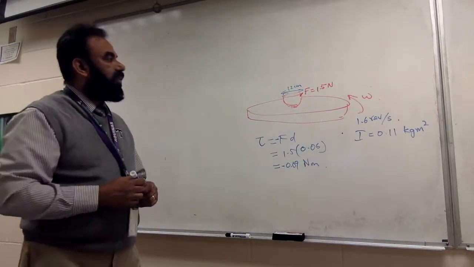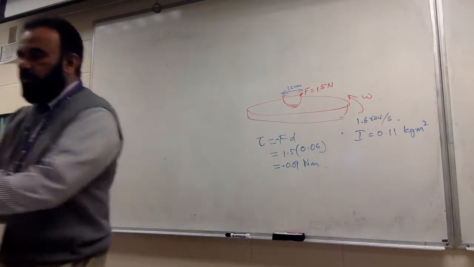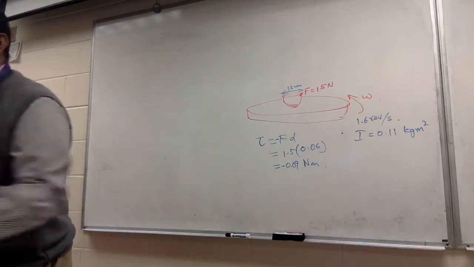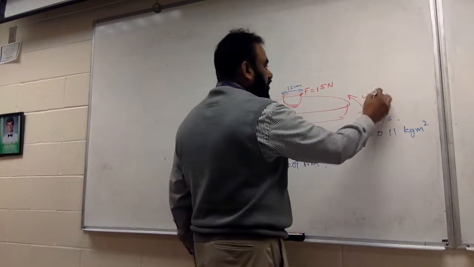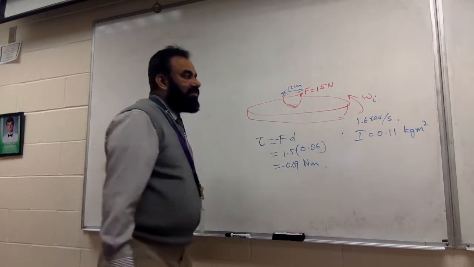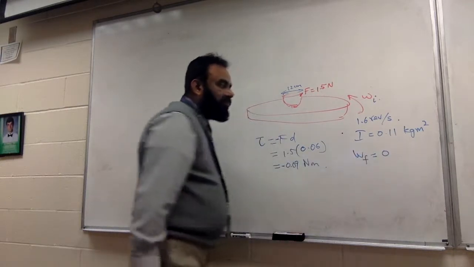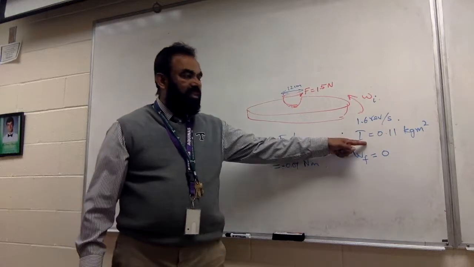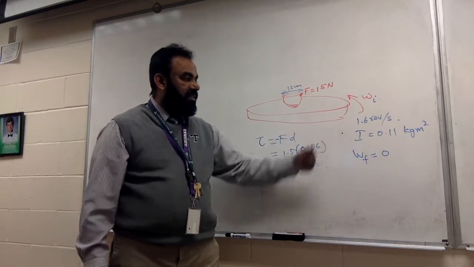So how long will it take for the entire wheel to come to a halt? This is our initial angular velocity, and the final angular velocity is 0. The moment of inertia of the entire thing is given, and the question is asking for how long.